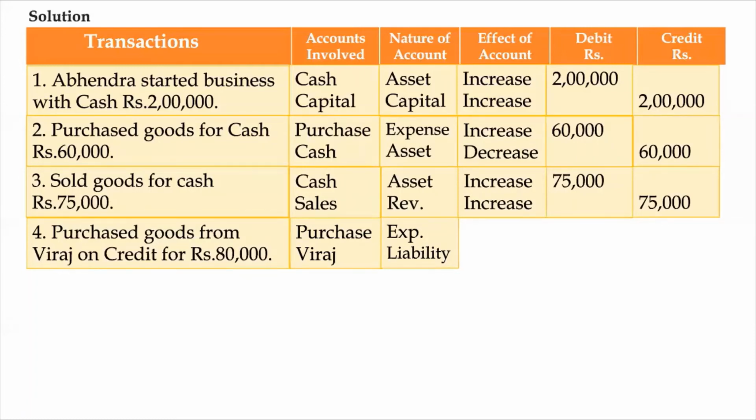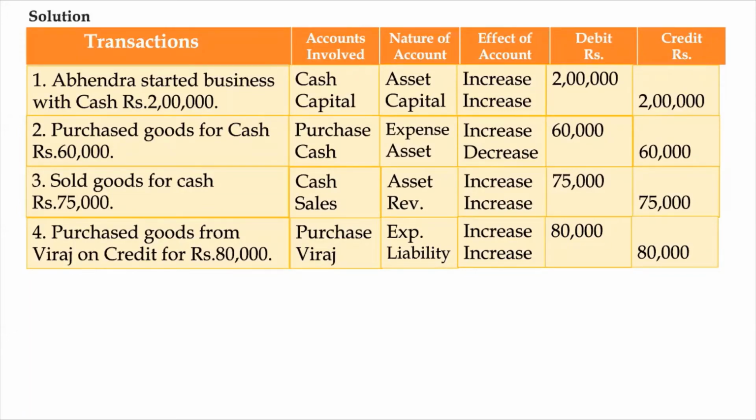Here, purchase means expense. Okay, so it is increasing because you had made an expense, purchased goods of 80,000, so it is increased. And Viraj, the liability is also increased. Liability is increased. So we have seen in the rule of modern tradition, when expense increases, we write it on the debit side, and when liability increases, we write it on the credit side.